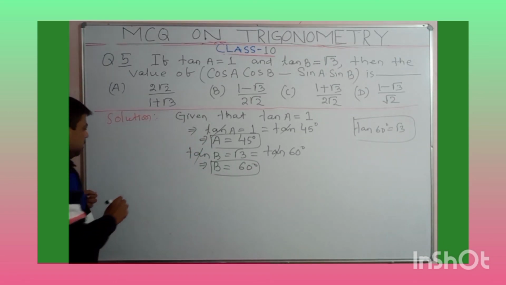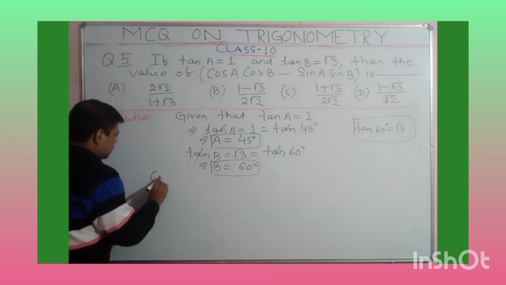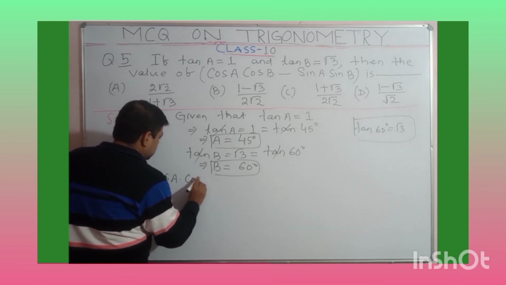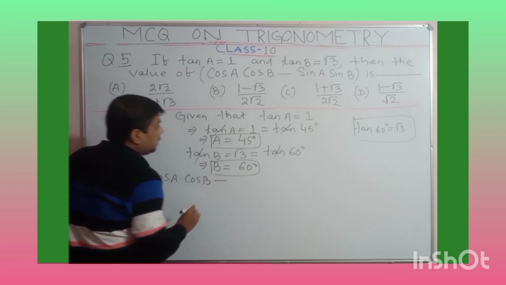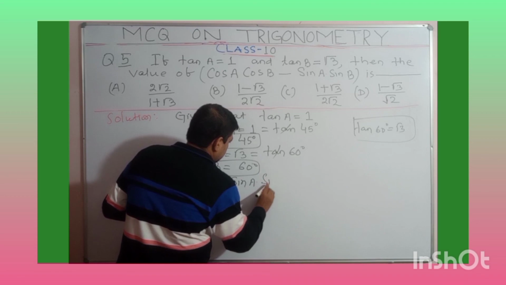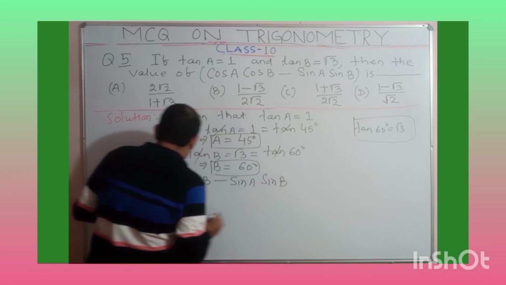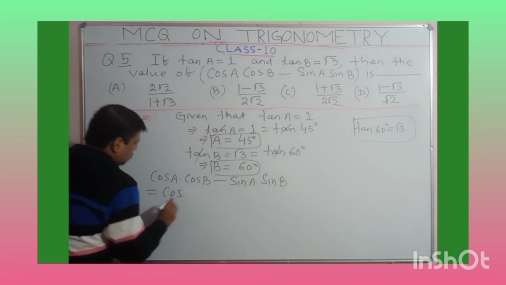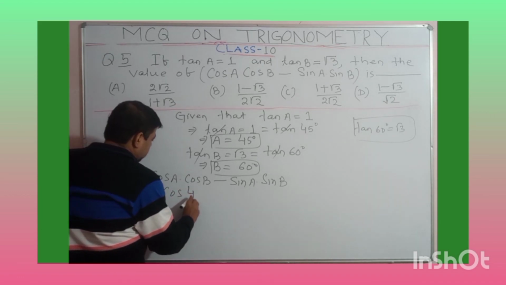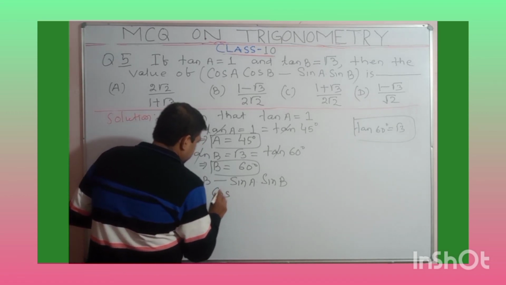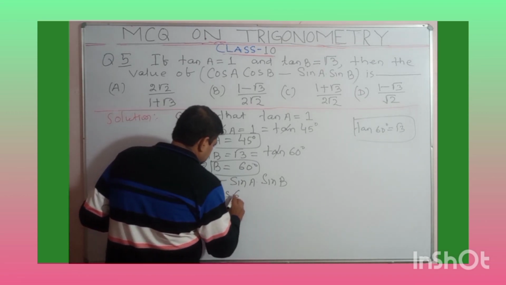Okay. Now the required expression is cos A into cos B minus sin A into sin B. You have to find this out. Okay. You see here cos A, so the A value is 45 degree. Use the value in place of A, into cos B. What is the value of B? 60 degree.